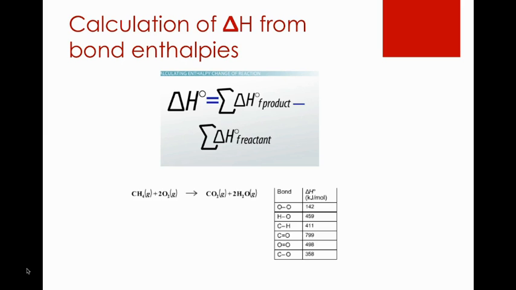That is 2 times 459. But you have 2 molecules of this, so it's 2 times 2 times 459. Doing the same for the reactants, we could then find out the delta H of the reaction by subtracting the delta H of the reactants from the delta H of the products.